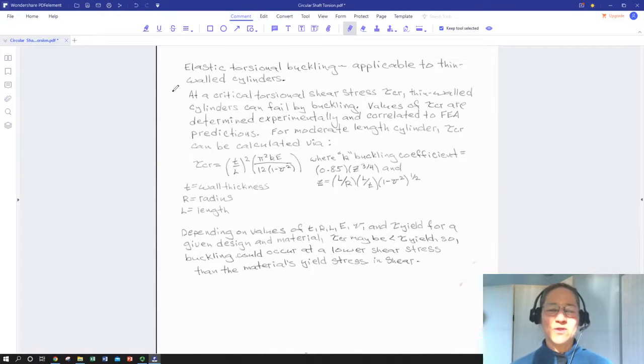And at a certain point there is a certain critical applied torsional stress. So our tau, our shear stress, our tau z theta, there's going to be a point where, rather than exceeding a shear yield for the material, you might buckle the shaft, you might crumple it, basically.